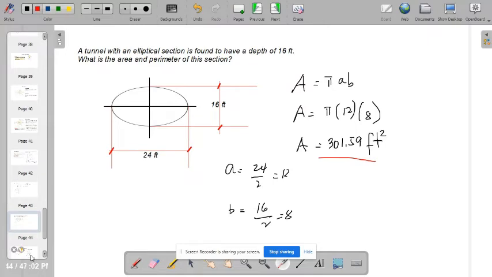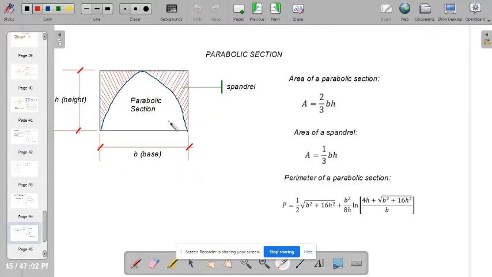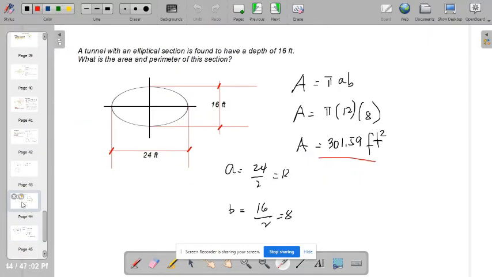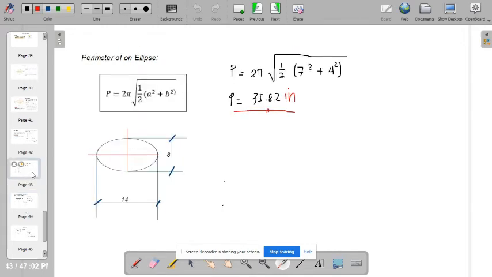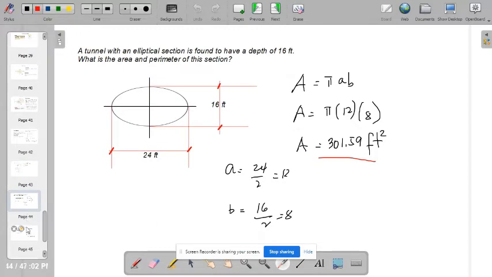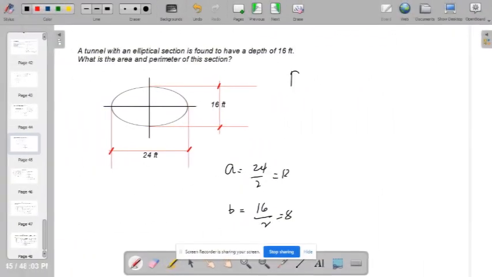Okay. Now, what if we want to get the perimeter? Let's try to find out how to get the perimeter. So perimeter is equal to 2 pi times square root of 1 half of a squared plus b squared.